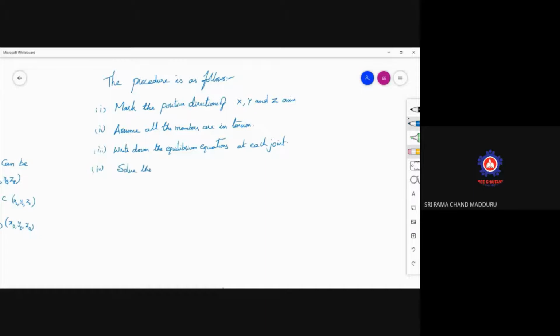Solve the equations for tension coefficients.